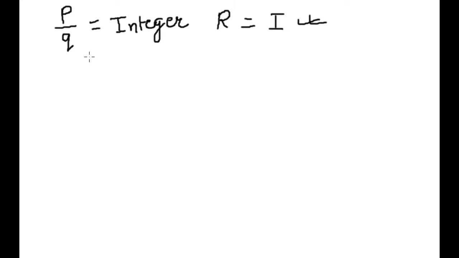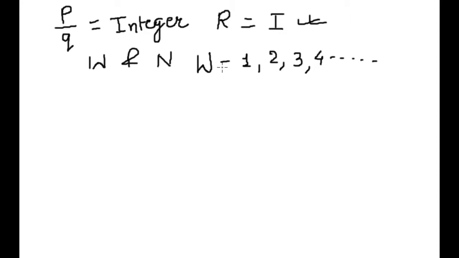Now come to the whole number and natural number. We all know that whole number is a countable number, that is 1, 2, 3, 4 and so on. So this kind of number is called whole number. And natural number. Natural number starts from 0 and then 1, 2, 3, 4.